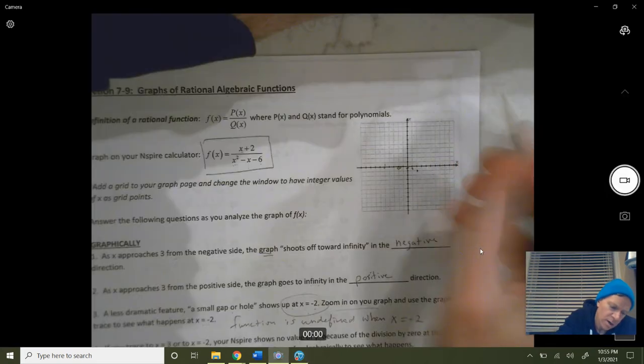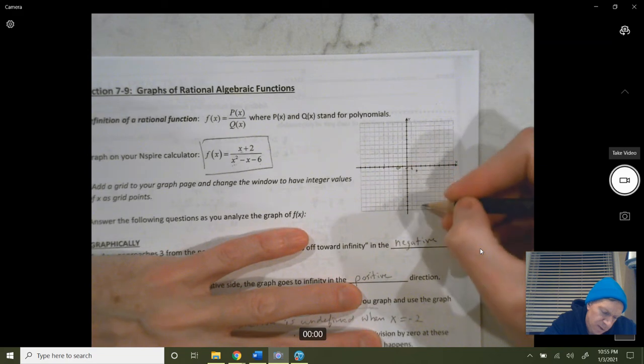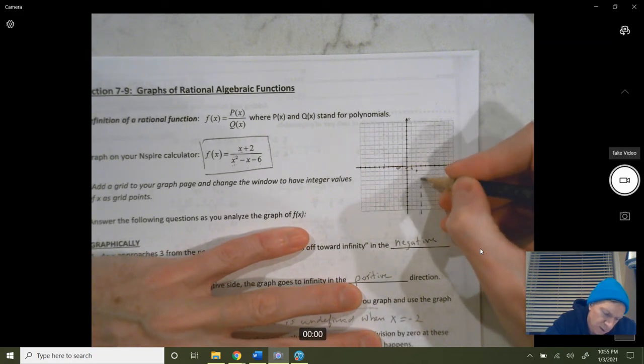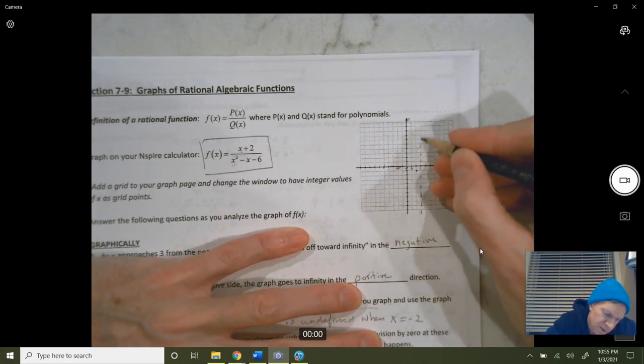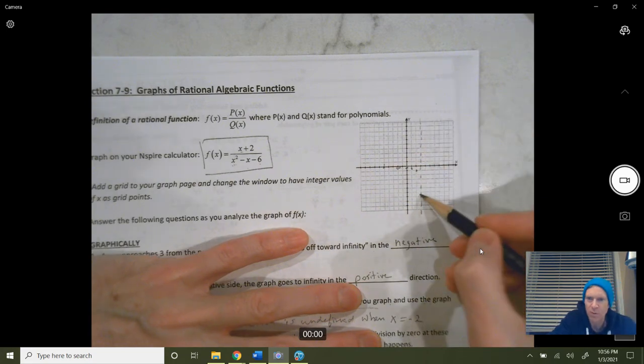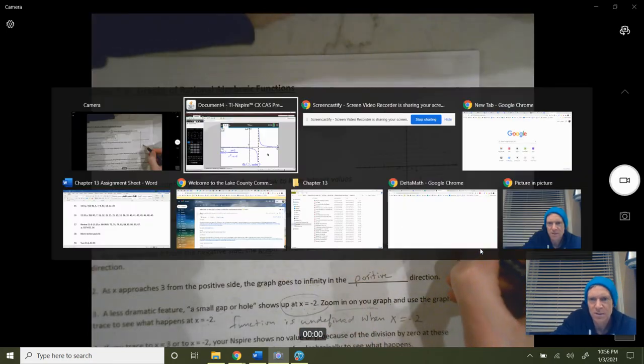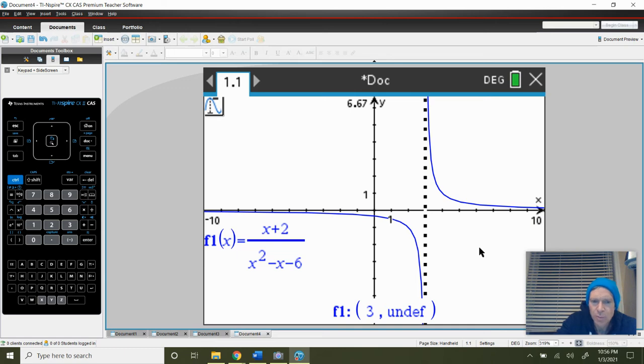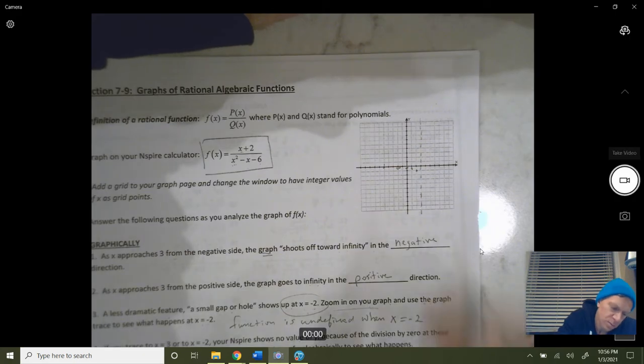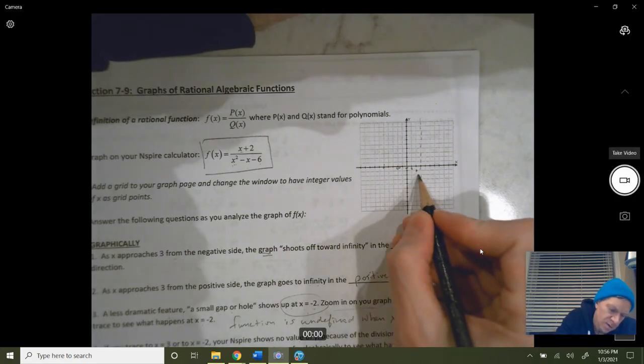So we're going to draw our asymptote in here. We draw a vertical dotted line, okay, to show that our function keeps getting closer and closer to that line but never touches it. Let's pick a point, 2.5. So at 2.5, we're at -2. I'm going to have to keep going.